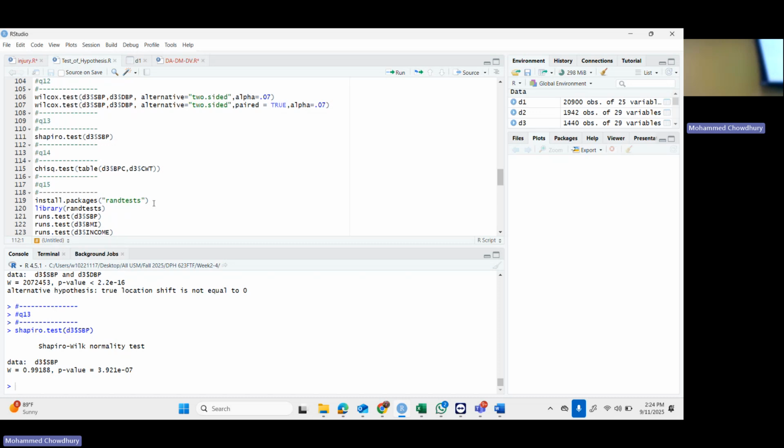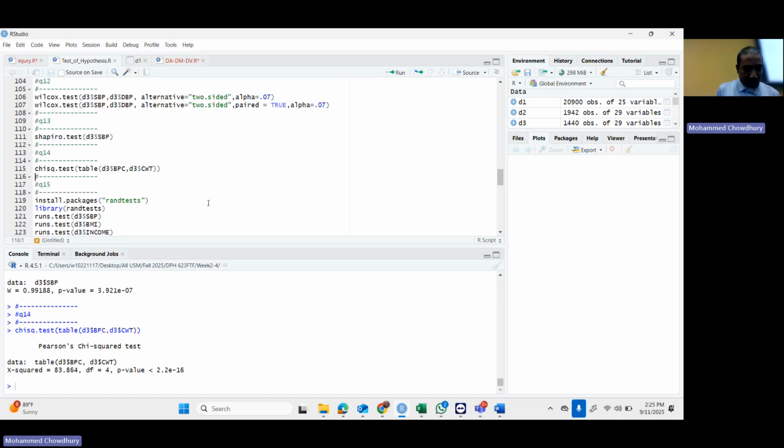Alcohol consumption status means no alcohol consumption, moderate alcohol, and extreme. And smoking status is 0 and 1. I want to check whether smoking status and alcohol consumption status, these two variables, are independent or not. That could be done by using the chi-square test of independence, which I run for question number 14: whether the blood pressure category and categorical weight variable are independent or not.